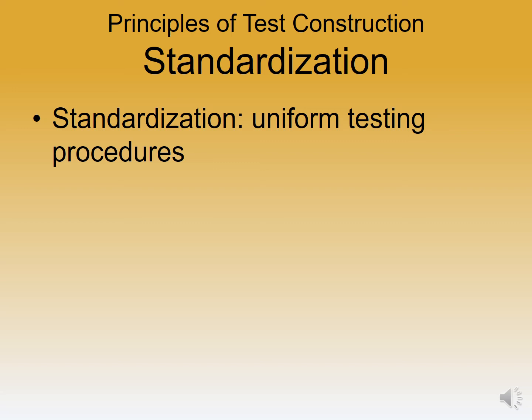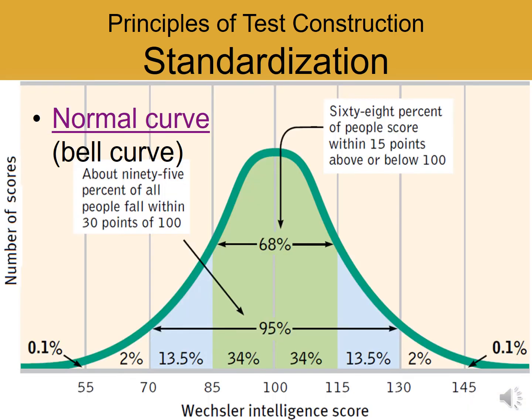And this is simply that there are uniform testing procedures, and there are scores where you can compare a person's score with other people's scores. Typically this is laid out in a bell curve or a normal curve, and this is what it looks like. You have a majority of the scores within 15 points of 100.